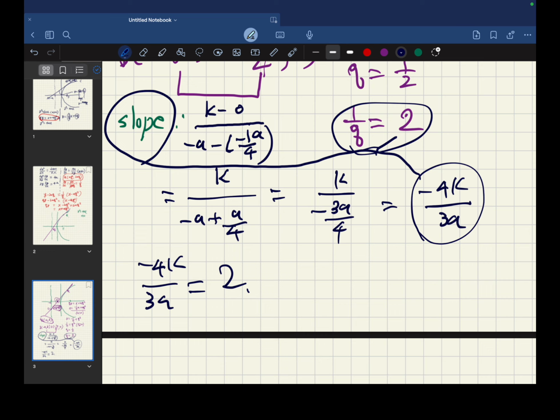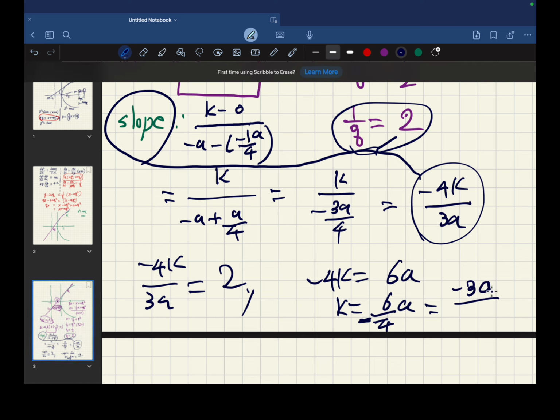So minus 4k is like 6a, and k we can divide by minus 4, so it's minus 3a over 2.